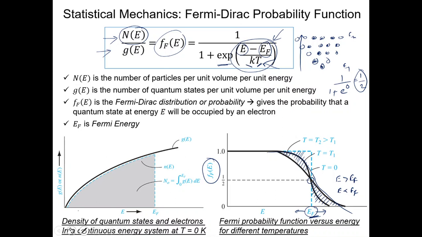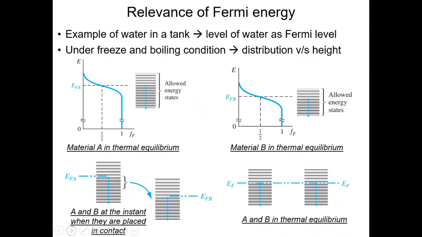We can try to understand the relevance of Fermi energy in a bit more elaborate fashion, in a layman fashion. As I already gave you the water tank example, you can think of EF as the reference level which is at the freezing point, assuming that the water is not expanding as a function of temperature.